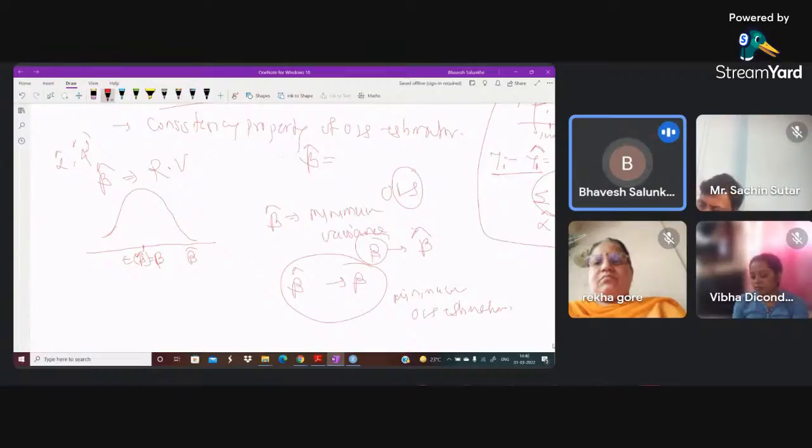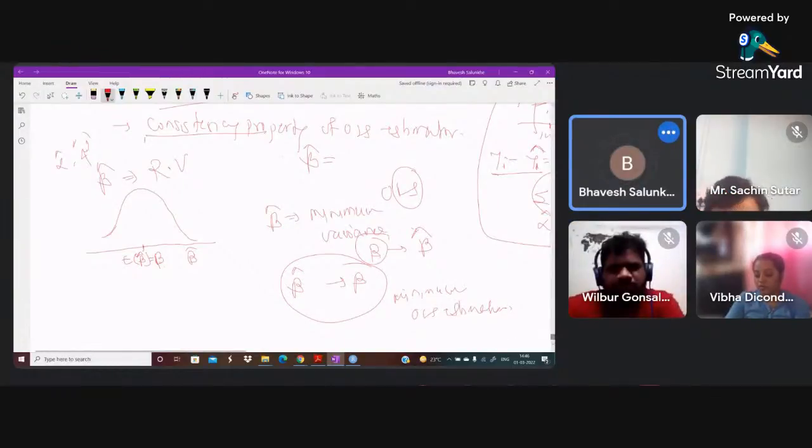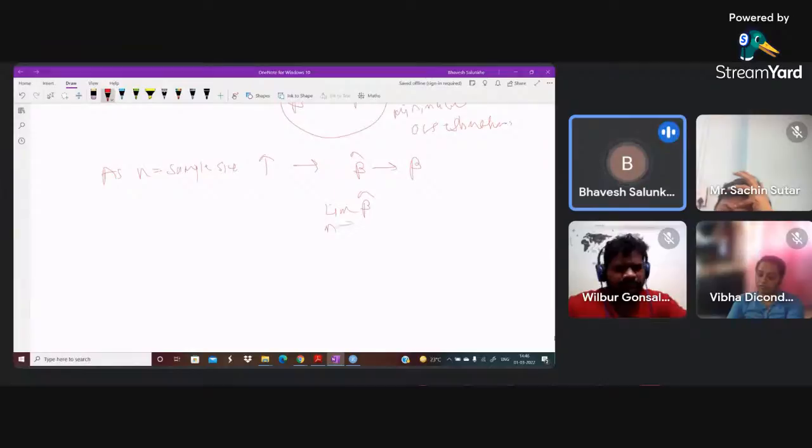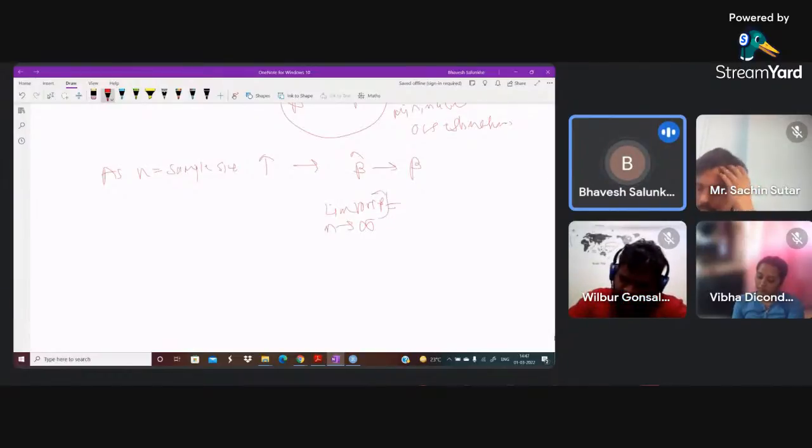Along with this, the consistency property is also there, and it is called a large sample property. It says that as the sample size n increases, your beta hat gets closer to the true population parameter beta, which implies that the limit of beta hat as n tends to infinity, and the limit of the variance of beta hat as n tends to infinity, is equal to 0.